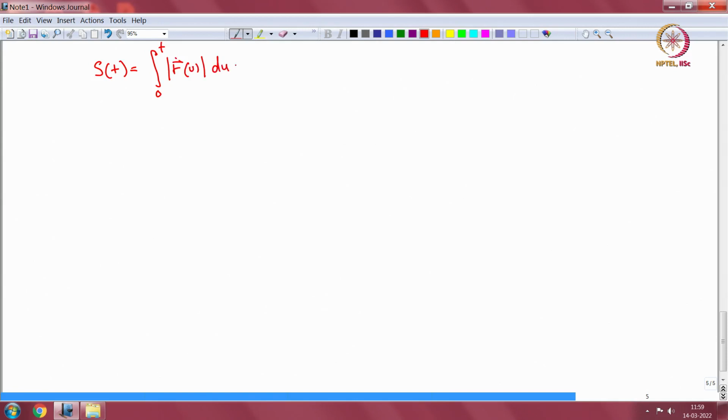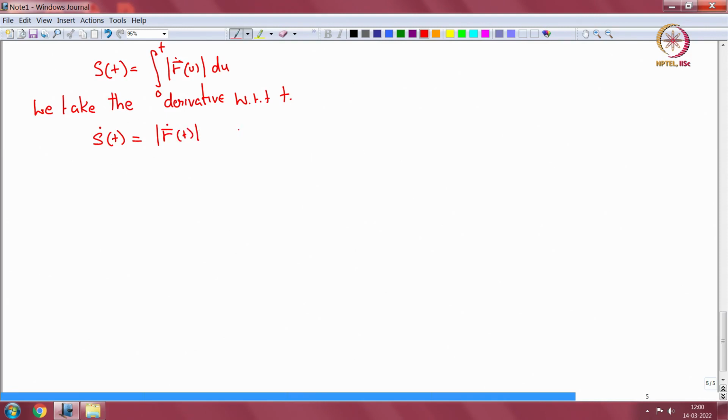It is a function of t, so we take the derivative with respect to t. What do we get? We get s dot of t is equal to magnitude r dot of t.